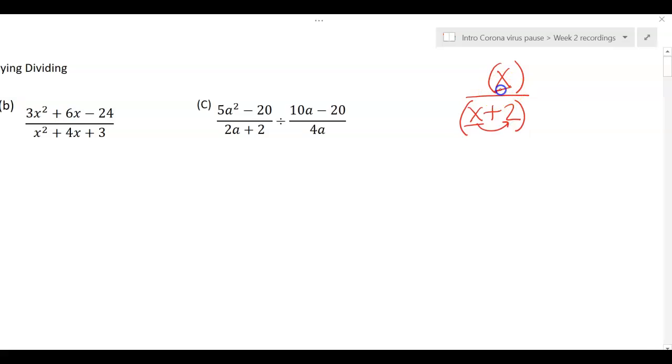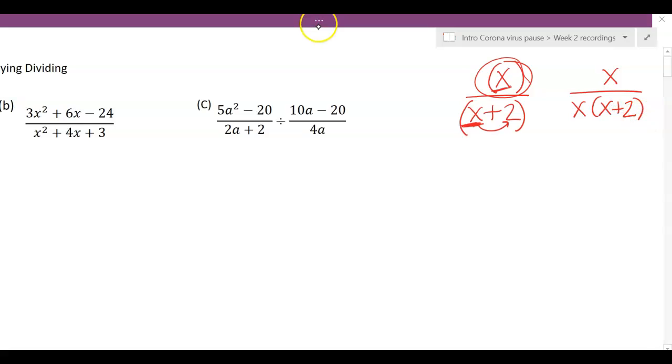So this x cannot cancel with this x because this one is a factor, and if there is a like one, it could cancel, but this x is not a factor. It is one term in a larger factor called x plus 2. So I want to compare that to if you had something written like this.